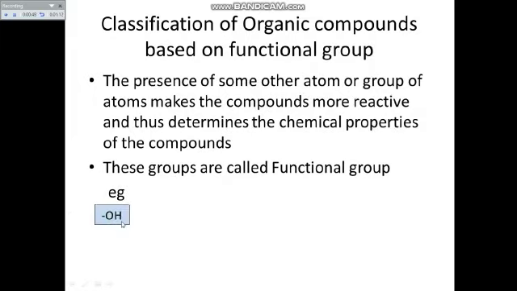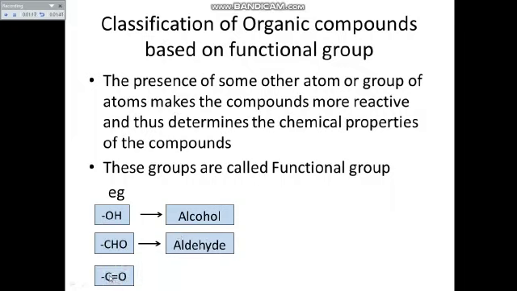Example, OH. If OH is present in any organic compound, that is called alcohol. Suppose CHO group, that is carbon, hydrogen, oxygen. This is a group of atoms: carbon atom, hydrogen atom, oxygen atom. This group of atoms present in an organic compound is called aldehyde.